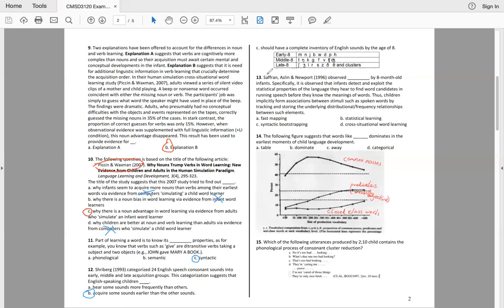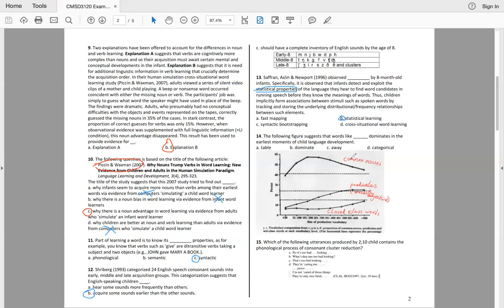Okay, number 13. In this 1996 study, it is observed that infants detect and exploit the statistical property. So if it is easy for you, this answer should be statistic. Okay, question 14. The following figure suggests that words like dominate in the earliest moments of child language development.